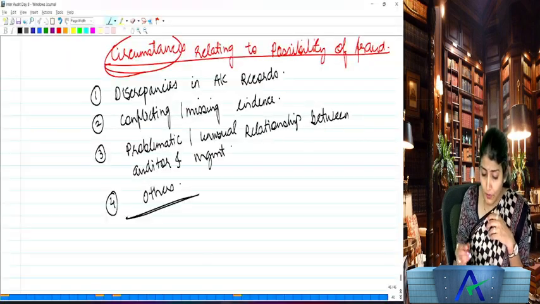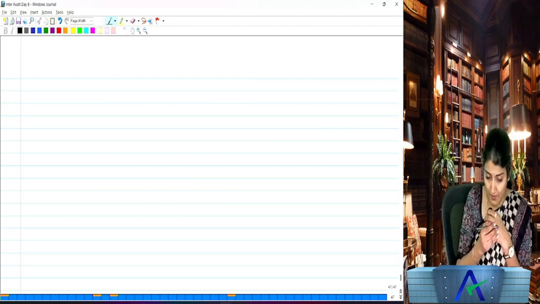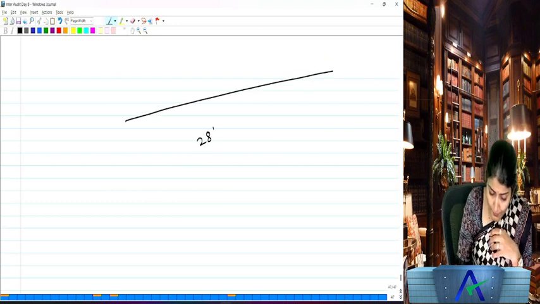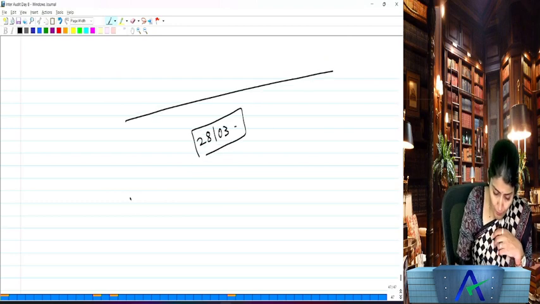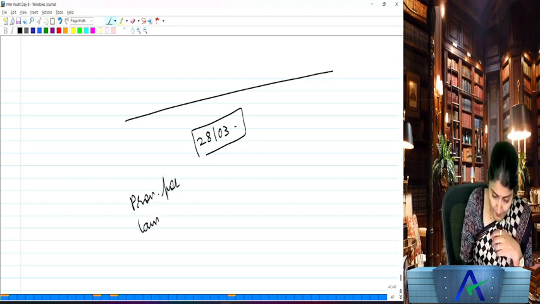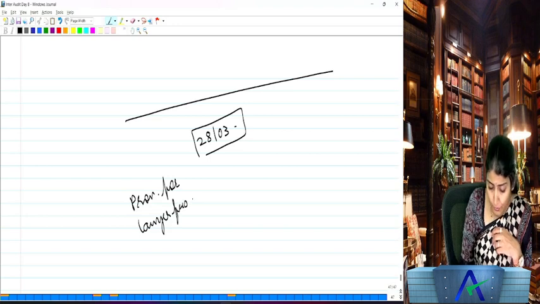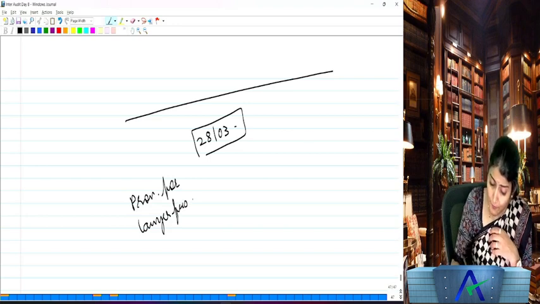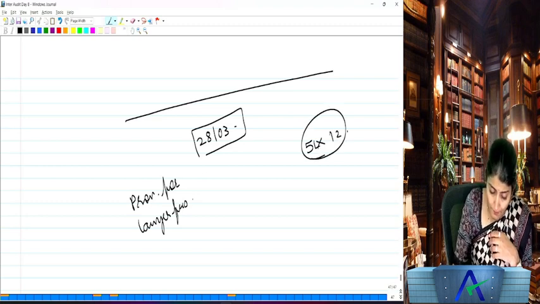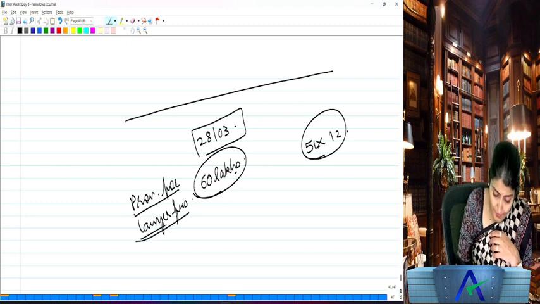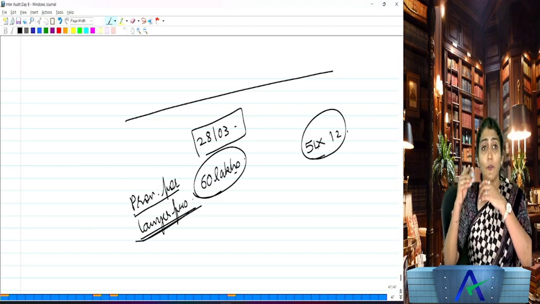For a full year, the company did not take any consultancy. But on 28th of March, they passed a provision entry, provision for lawyer fee. And they say, every month we took a consultancy from the lawyer of 5 lakh rupees, so for the year we need to pay 60 lakh, and we will pay him next year. So right now you are making a provision for the lawyer fee.